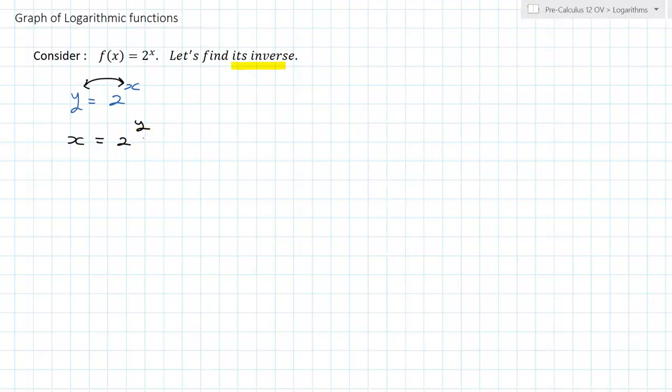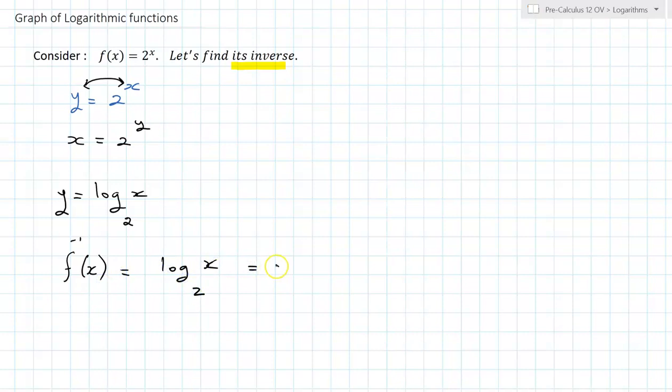Now we have to use logarithmic laws to do that. You will change this into logarithmic form, which is what you get when you take the log of both sides. So that would be log base 2 of x, which equals y. So the f inverse of x is log of x base 2.